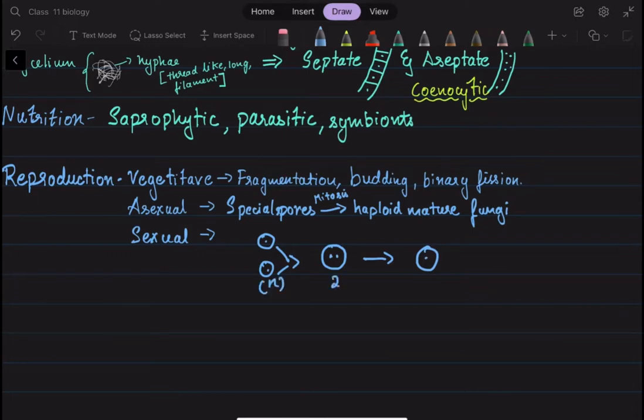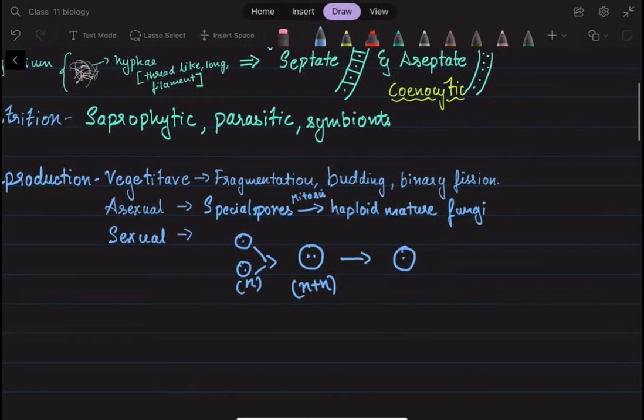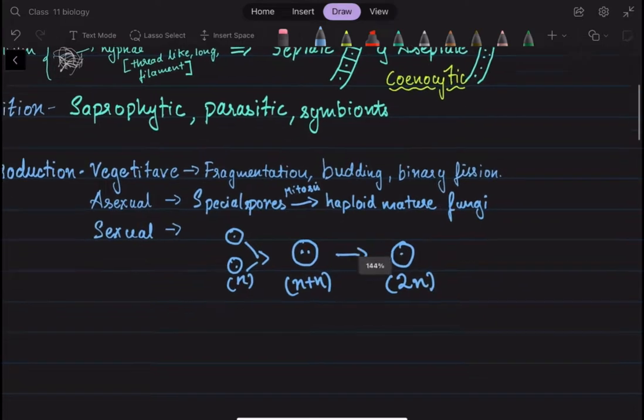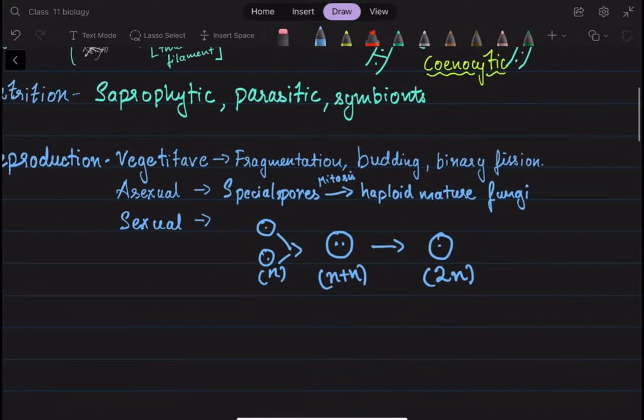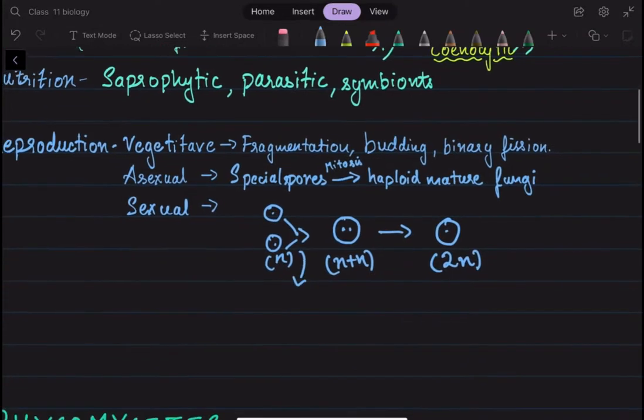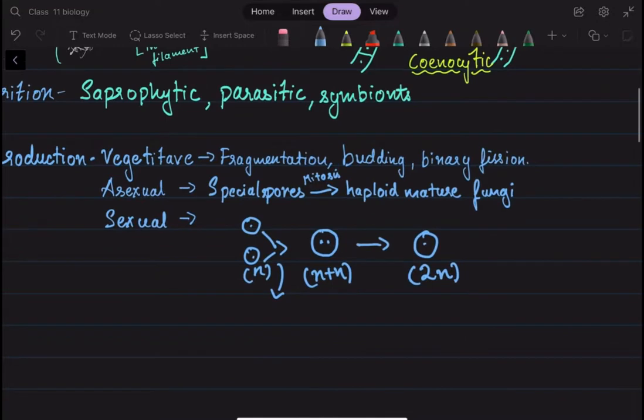They form a structure which is the zygote, and in this zygote there are n plus n number of chromosomes. And later on, the nuclei too fuse, and we have 2n number of chromosomes, right? This process here, the fusion of the protoplasm, or you can say the fusion of the cytoplasm, is called plasmogamy.